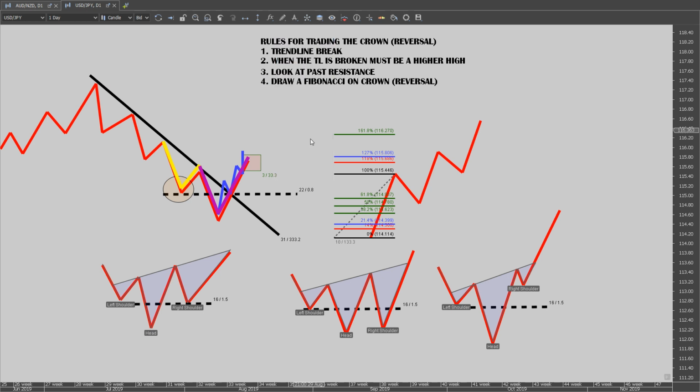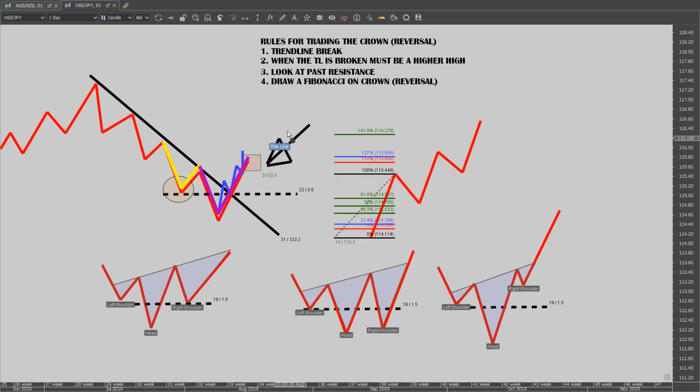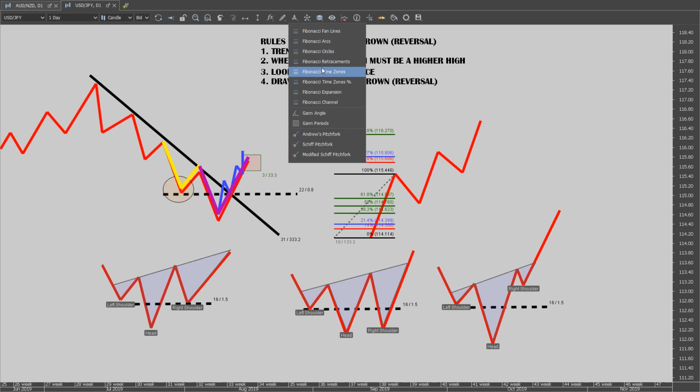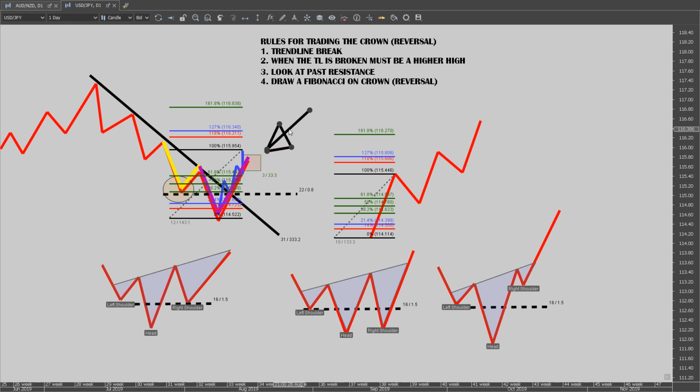This means that if in here, black arrow, if in here the market made 1, 2, 3 swings in order to make a higher high, in order to make a crown reversal, then we are not going to put our Fibonacci on the first swing, but we are going to put our Fibonacci on the crown, a reversal in this example.